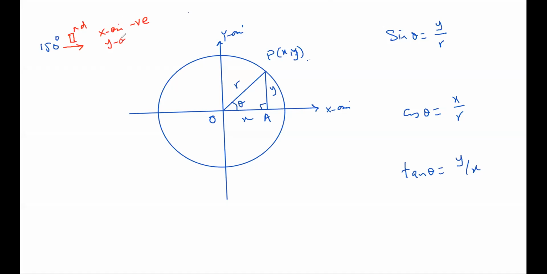Your y-axis is positive. Now, look at this. Your sine is y over r. You find the value of sine 150 and just tell me, is it positive or negative? Positive. Sine 150 is positive because the y is positive.